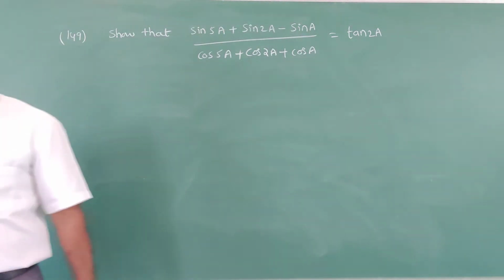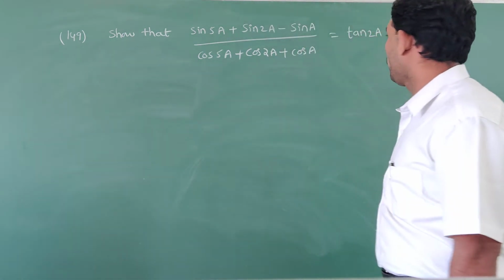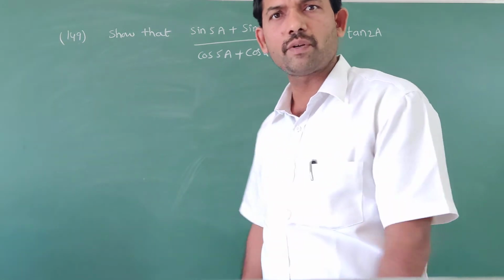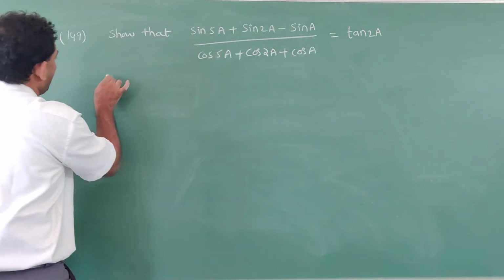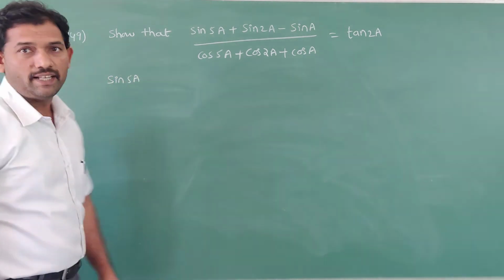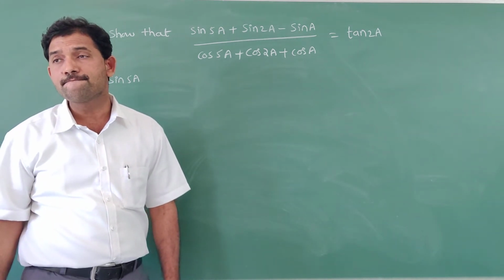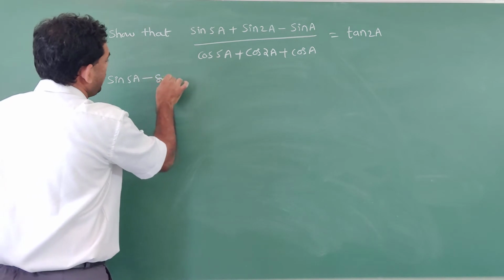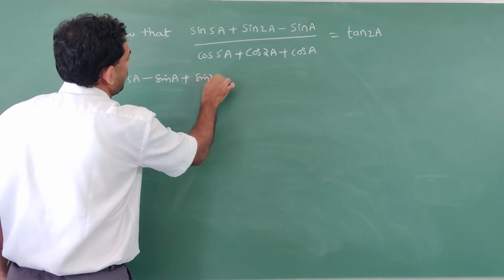See this question. You are going to prove that it equals tan 2a, like the models we already did, using transformation formulas only. Take sin 5a, that is the biggest angle. So what is the smallest angle? Sin a. So minus sin a plus sin 2a.